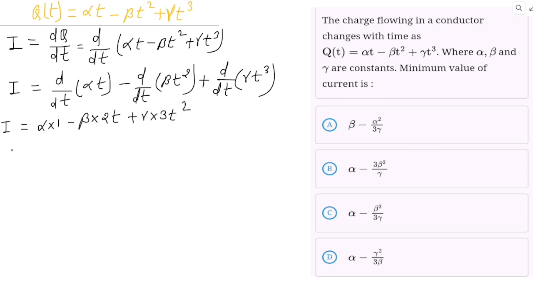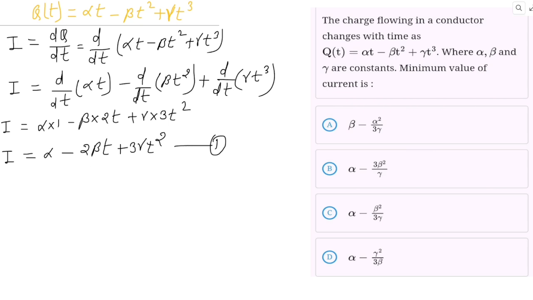So overall we get the final equation of current: I is equal to alpha minus 2 beta t plus 3 gamma t square. This is equation number one. Okay.